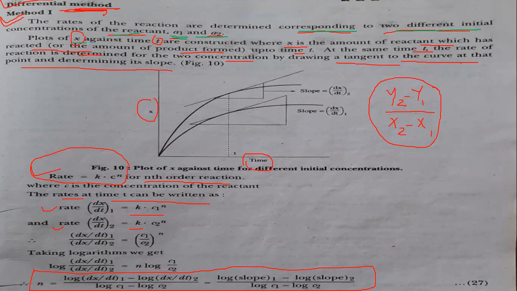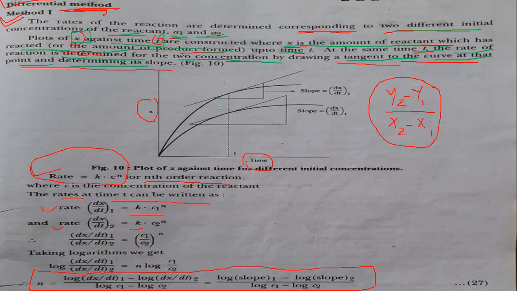The plot of x against time t is constructed, where x is the amount of reactant which has reacted, or the amount of product which is formed up to the time t. At the same time t, the rate of the reaction is determined for the two concentrations by drawing a tangent to the curve at that point and determining its slope.